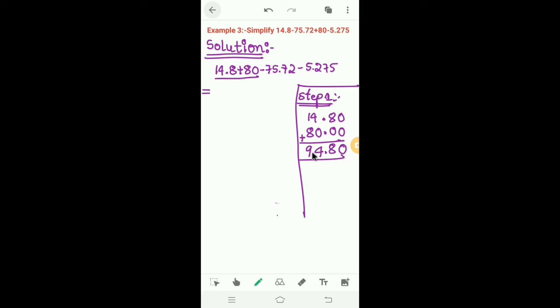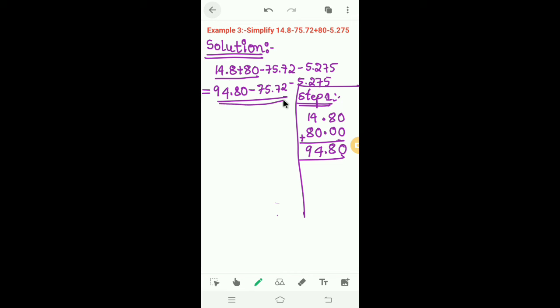So the answer is 94.80. Next we have to write the remaining numbers as they are. Minus 75.72 minus 5.275.